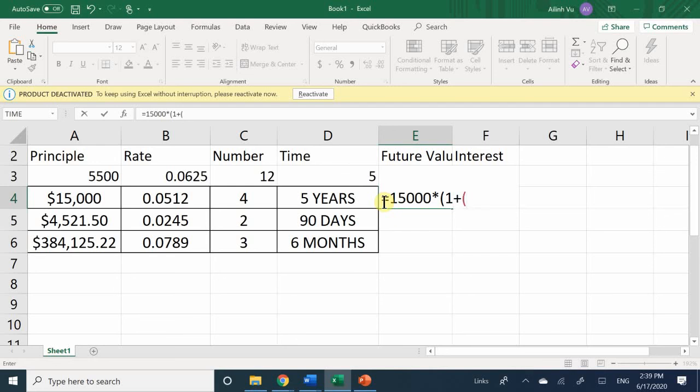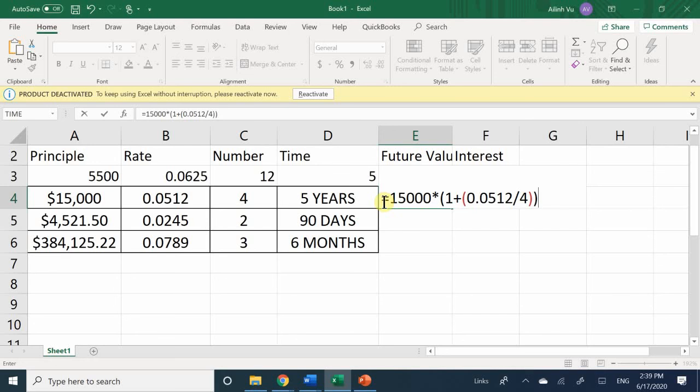Then we do parentheses again. What's my rate? 0.0512 divided by 4.